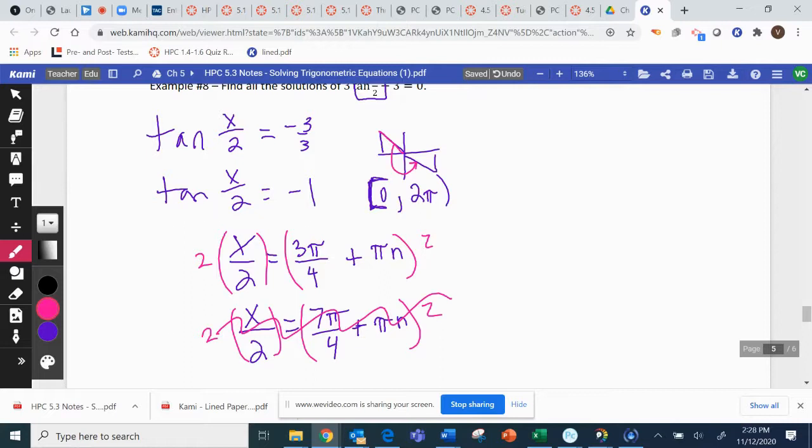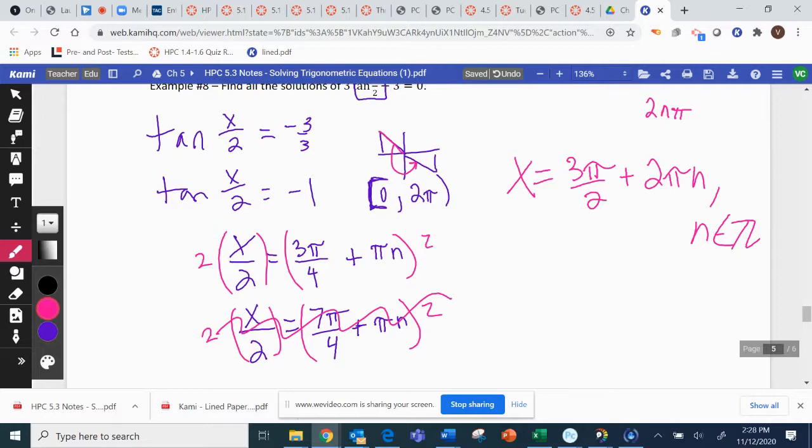So I just need the first one. And so I get x equals 3 pi over 2 plus 2 pi n. N is an integer. And if you write 2n pi, that's totally fine. I'll always put both answers.